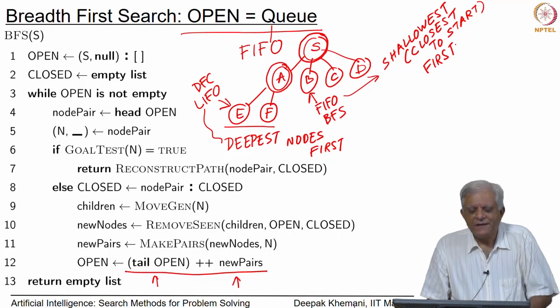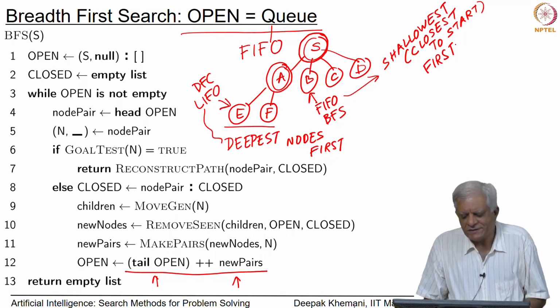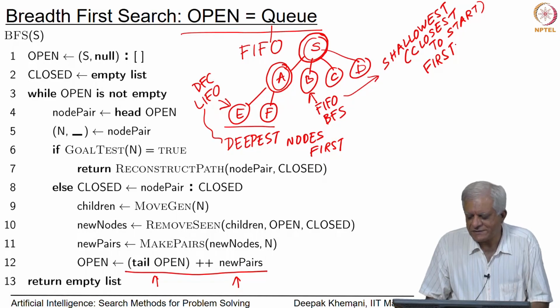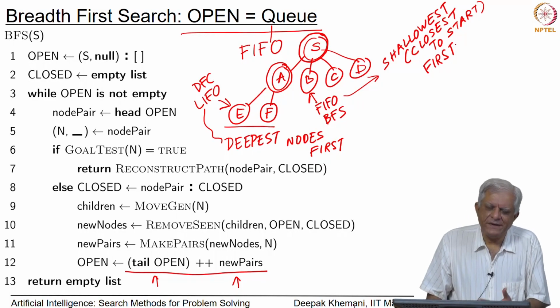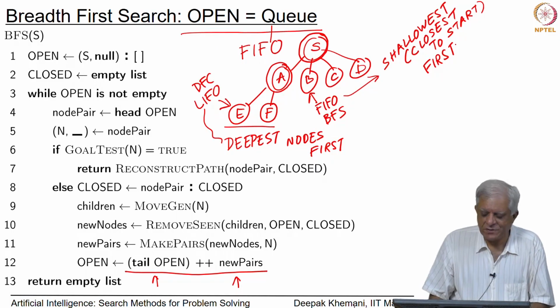We will see in the next few slides that the consequence of following the shallowest nodes first will be that breadth first search will always give us the shortest path.